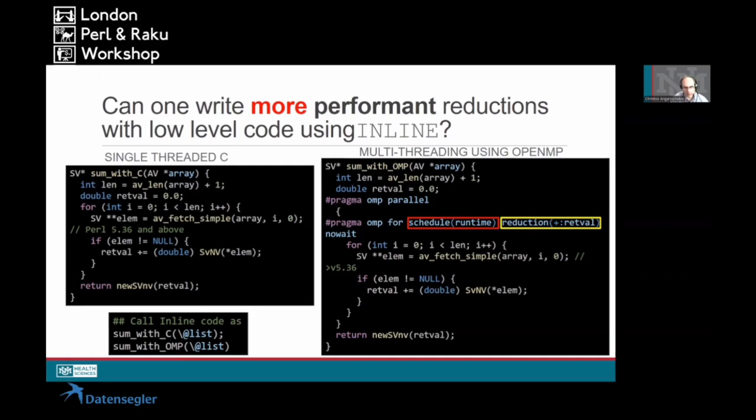The code on the left shows how one would implement the sum using a C function that interfaces with Perl through the Inline module. The code on the right shows that by inserting two compiler directives, we can turn the operation into a parallel one.